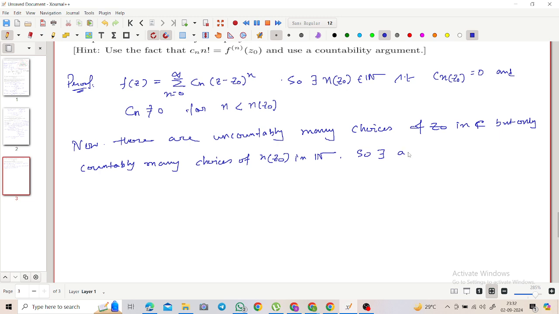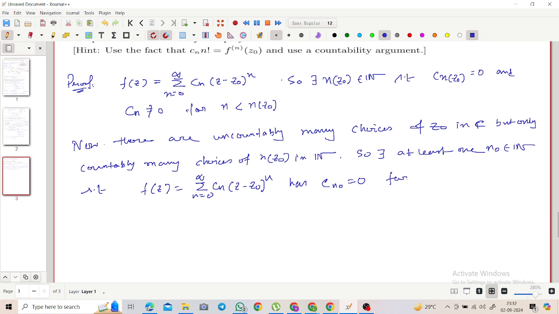So there exists at least one n0 in the natural numbers such that if f(z) equals the sum over n of C_n (z minus z0)^n, then it has C_n(z0) not equal to 0 for uncountably many z0 in C. Is it clear?